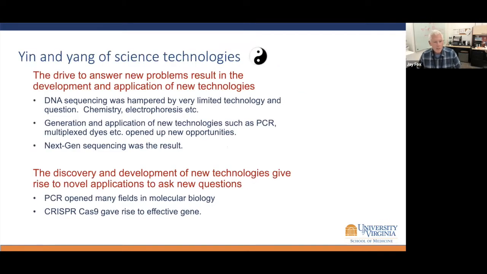So I'm going to diverge a little bit from the past talks and talk about some new things we've been doing. To start with, it's a general interest of mine about the yin and yang of science and technologies. There's always this drive to answer new problems, and those result in the development and application of new technologies that we all apply in our laboratories.